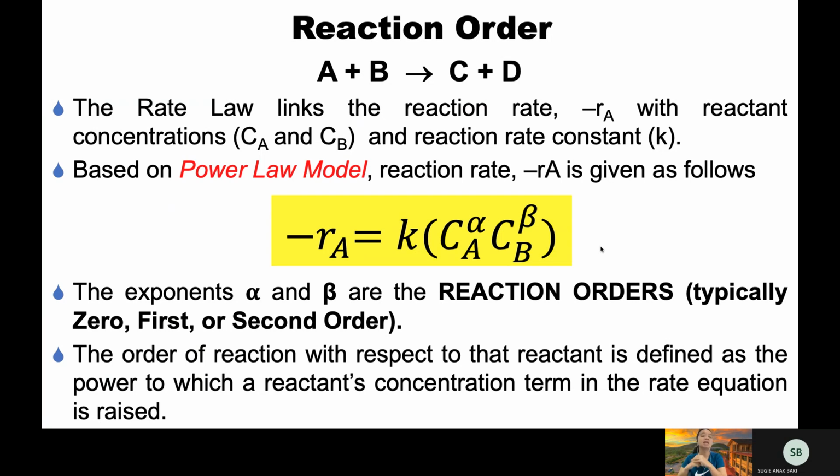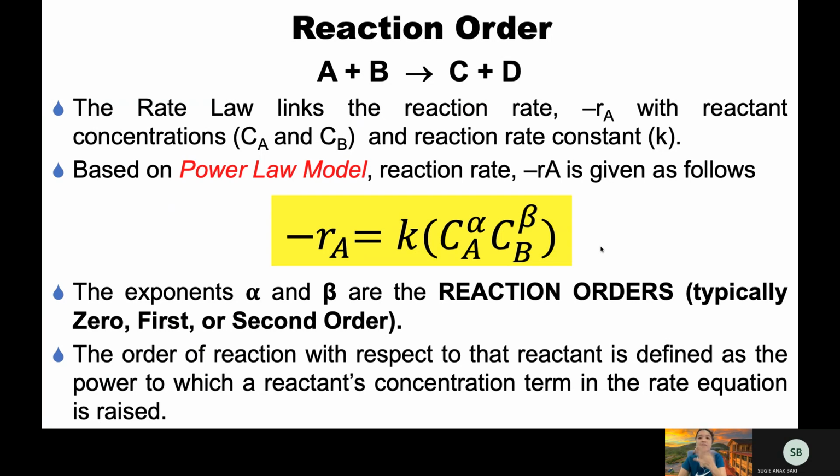For example, if we are measuring the rate of disappearance of compound A, it's called minus rA. Since we have many compounds and we can measure many concentrations, there are many rates of reaction. We can do for A, for B, for C, for D. It'll be very confusing if everybody is measuring different types of compound. So we only measure one compound, so we call it compound A.